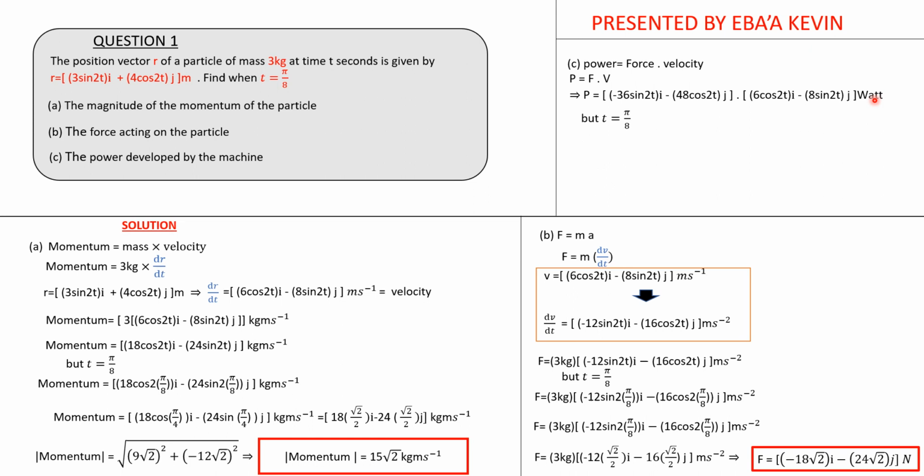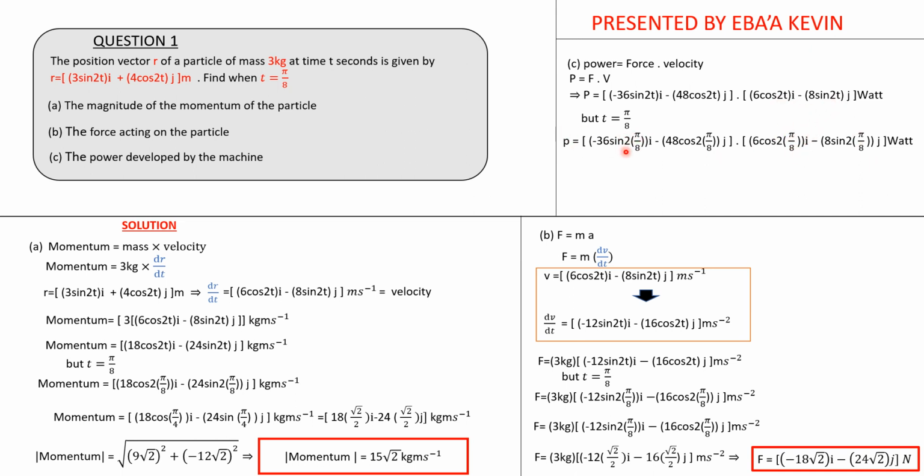But we know that t is equal to pi divided by 8. So replacing it into this expression of the power, we get this expression. That is, everywhere we saw t we will replace it with pi on 8, similarly for this and for this also.